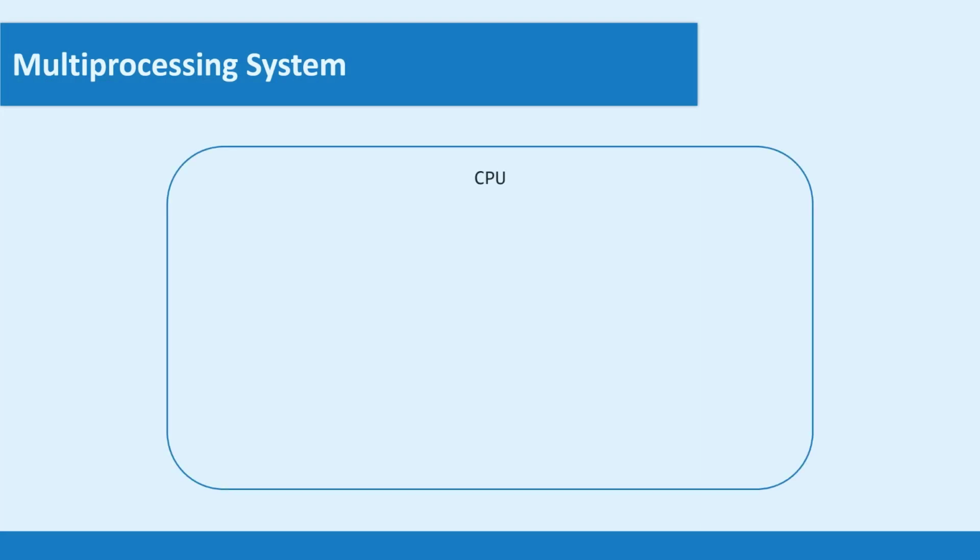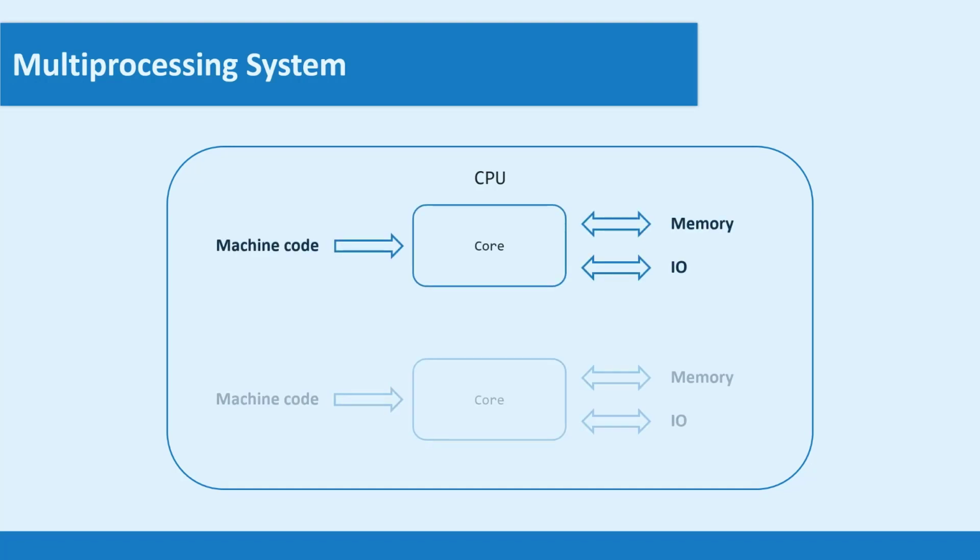Well, at a very high level, we still have this box of CPU, but inside this box, we have multiple CPUs. And since we can have a CPU inside and a CPU on the outside, the internal CPUs are called cores. So we've got a CPU which consists of multiple cores, and each core processes its machine code and interacts with memory and I/O devices in an independent manner.